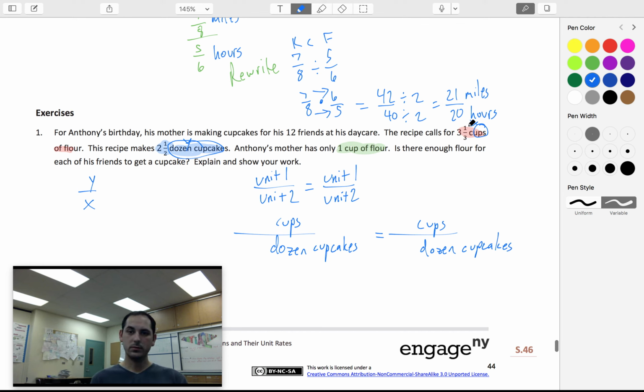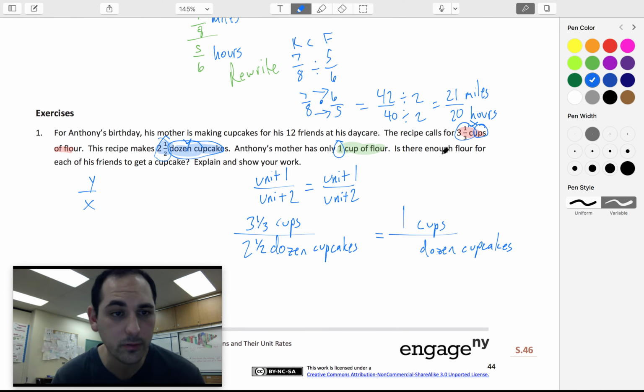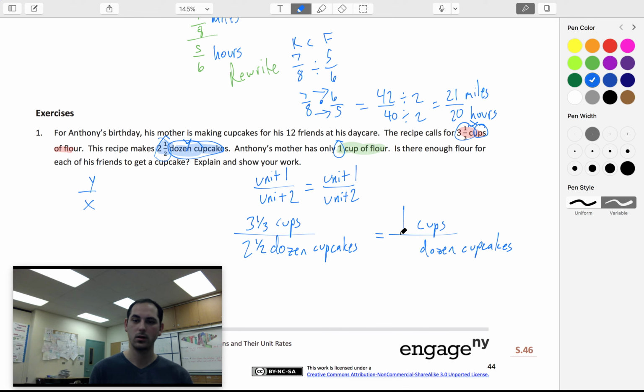Now, this one says 3 1/3 cups, so I'm going to put 3 1/3 here, and then this one says 2 1/2, so I'm going to put 2 1/2 here. I have to put them on the same side because that's where our ratio is. She only has 1 cup of flour, so do you think I put it here, cups, or a dozen cupcakes? Cups, of course. And then, is there enough flour for each of his friends to get a cupcake? Alright, so we got to find out the answer. Now, we don't know how many cupcakes, so we're going to put an x here.